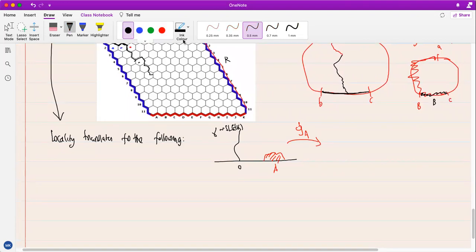GA is the map that kills this. So it's a normalized map. So this gamma will become something else. This gamma will become gamma tilde, which is GA composed gamma.